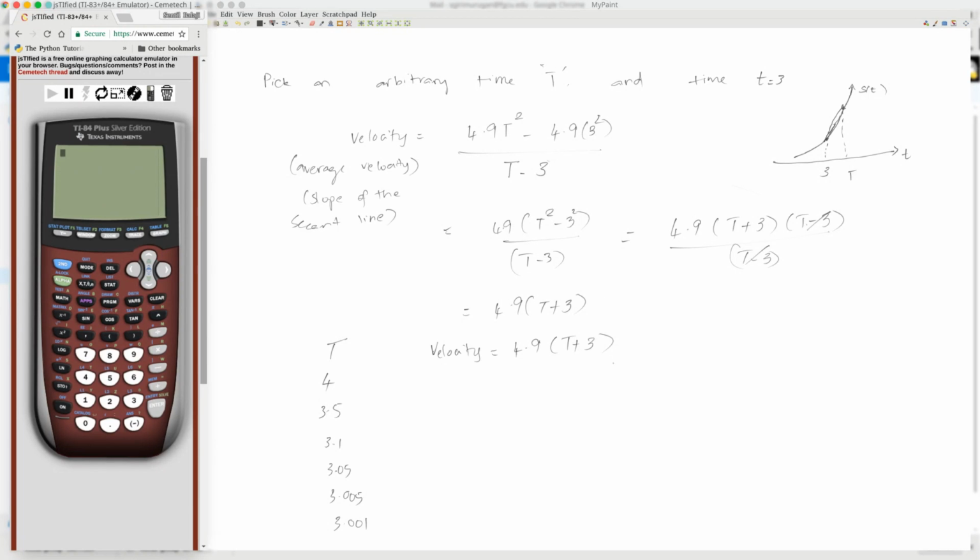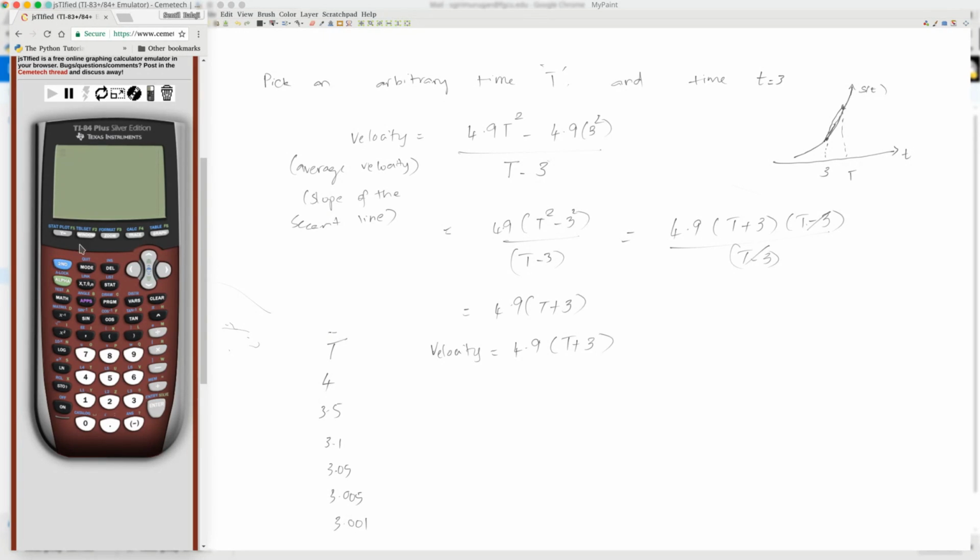There is an efficient way to do this using your calculator. So to do that, let's go ahead and define the function. Our function would be 4.9 times, instead of t I'm going to use x plus 3, and second mode to quit.